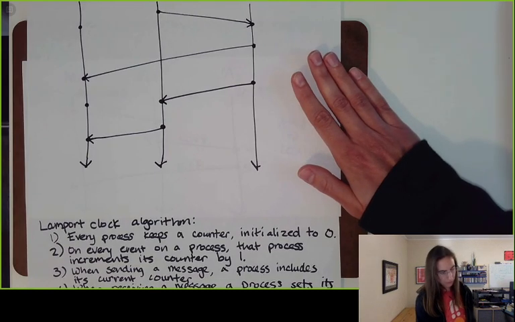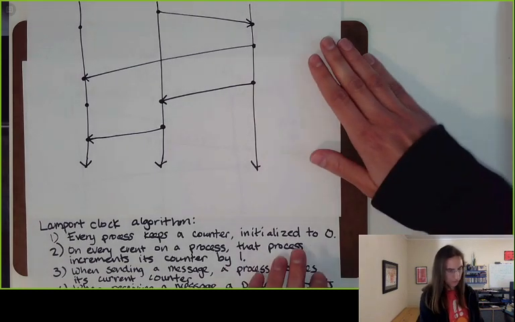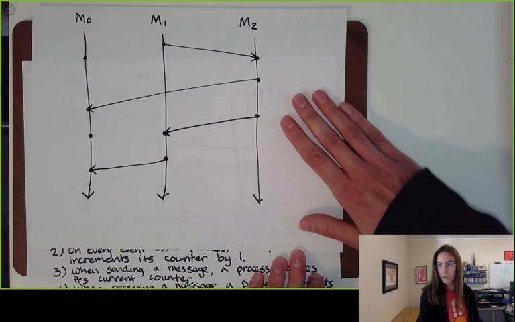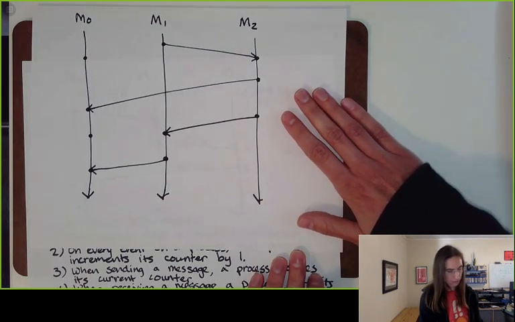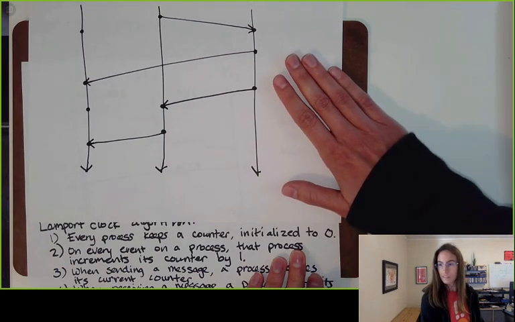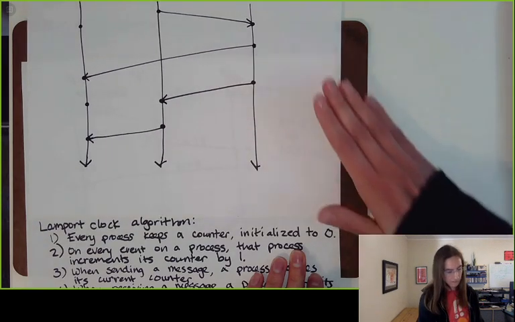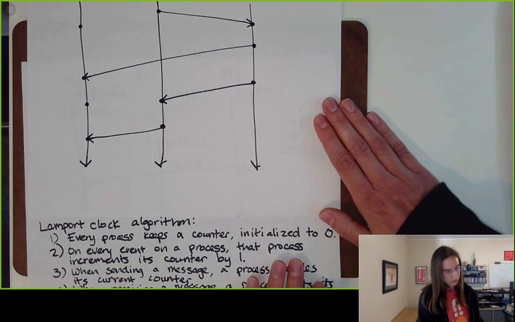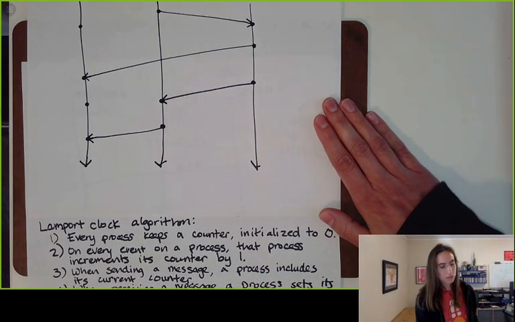Hopefully you can see most of this picture here. Above this are just the names of the 3 processes, so nothing's really being hidden from you. We want everybody to keep a counter that's initialized to 0.